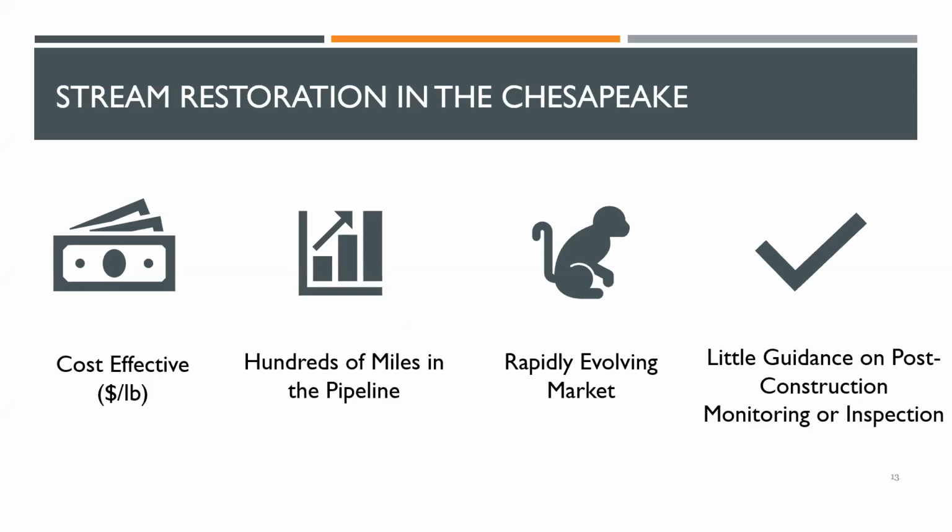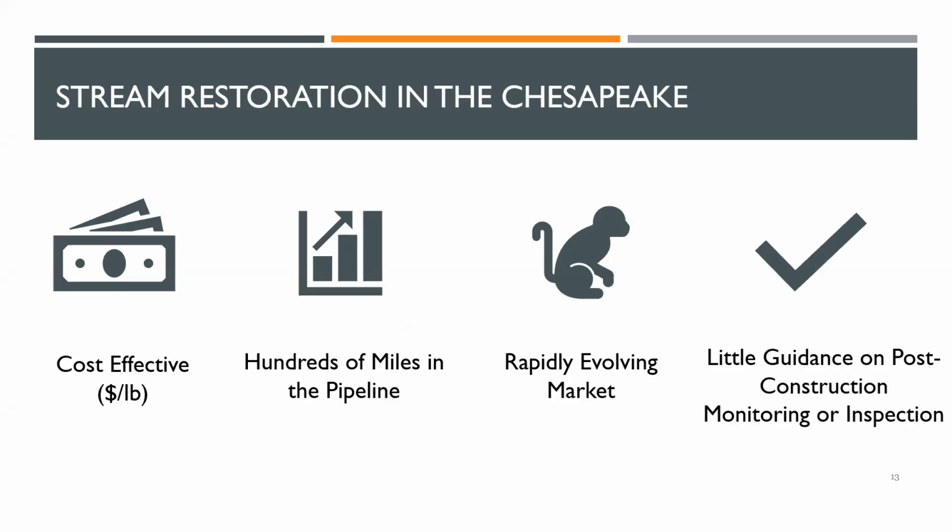So as far as revisiting the protocol, there was a big need for this because since the report came out back in 2014, there have been hundreds of miles of stream restoration implemented as well as in the pipeline. It's a pretty cost-effective BMP on a $1 per pound reduced basis. So, while the projects are expensive, they're an attractive option for communities for meeting their nutrient sediment goals.